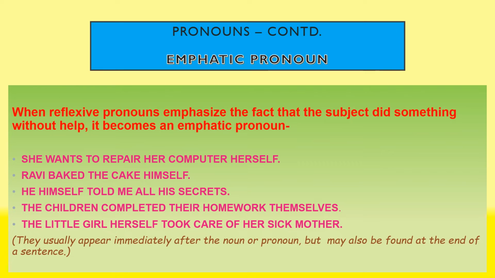So in all these cases, they are all doing the work by themselves, and we are emphasizing that. Is that clear, students? Very, very clear? Please understand this very clearly, because you might have to differentiate between reflexive and emphatic pronouns. Fine?